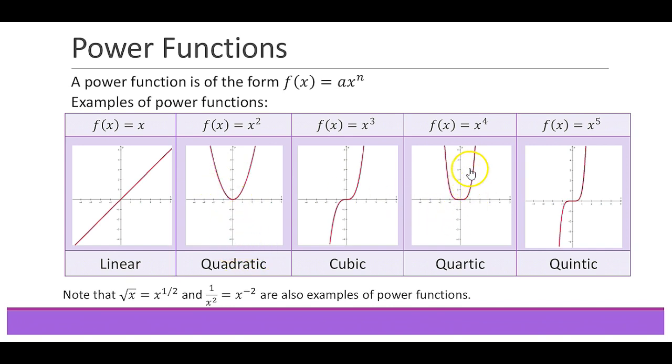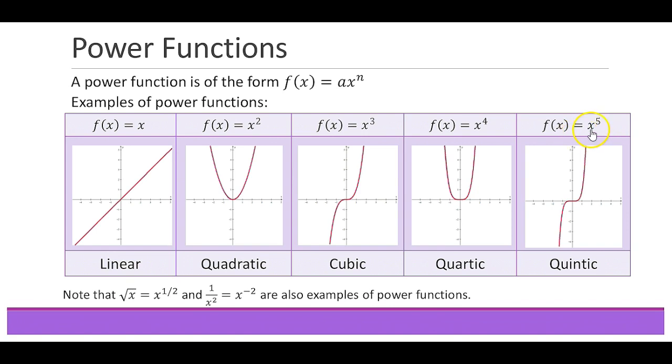A quartic function just has a U shape, but it's not considered a parabola because it actually flattens out more in between negative 1 and 1. So it's closer to the x-axis for more values between negative 1 and 1.